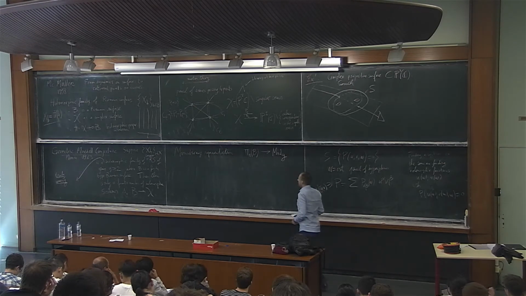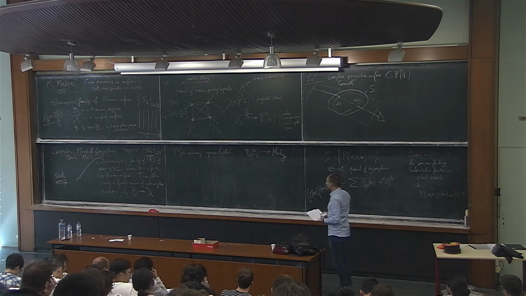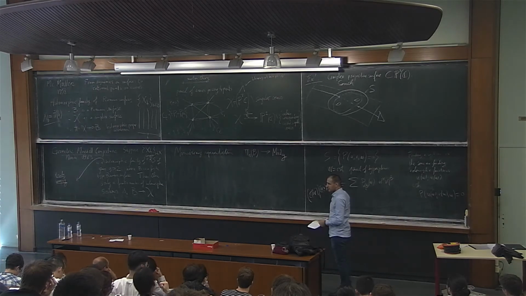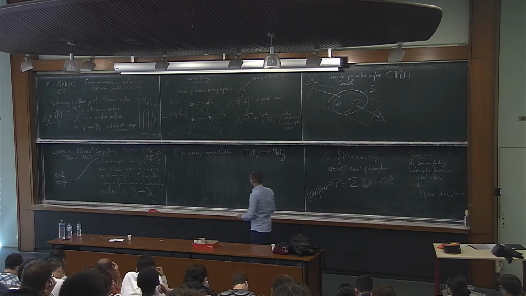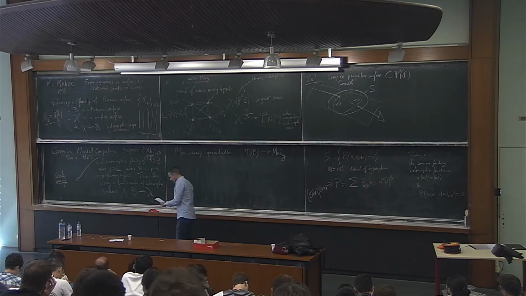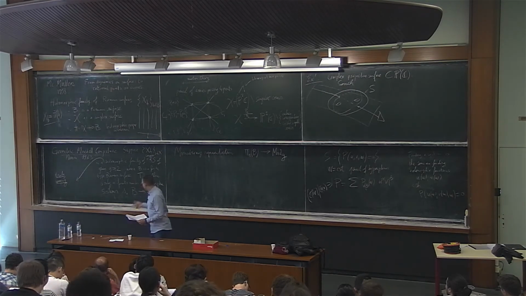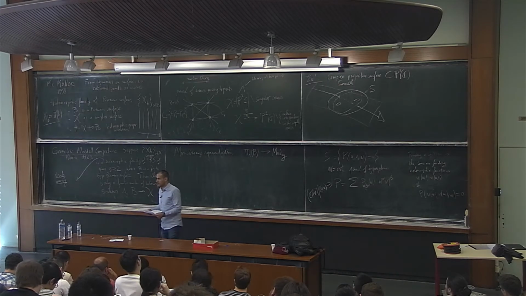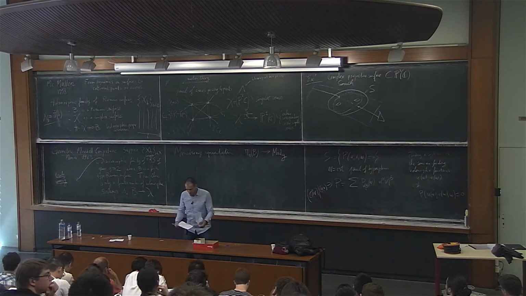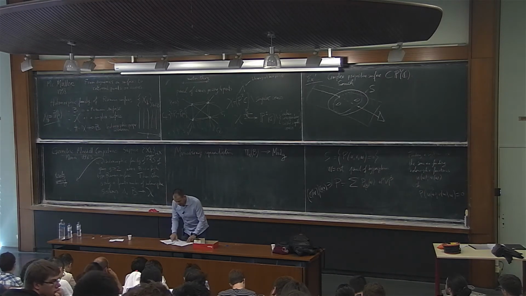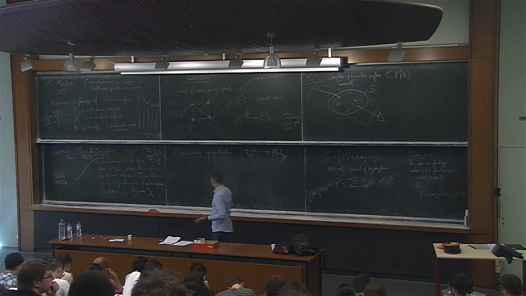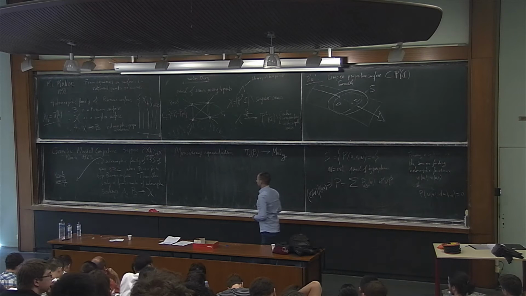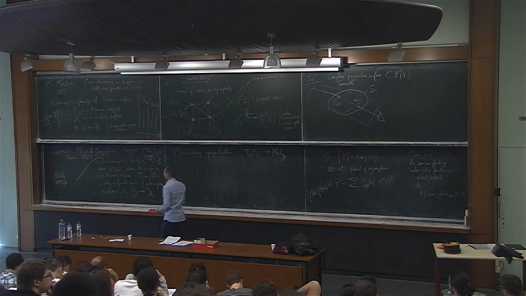And this is not at all a trivial statement, so I think we are going to spend all the lectures to prove this statement. And then I hope that I will be able to explain why we can deduce the geometric monodromy conjecture from that.